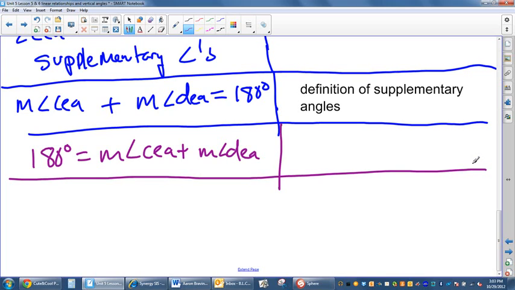Reflexive is if x equals x. So it's going to be the symmetric property.